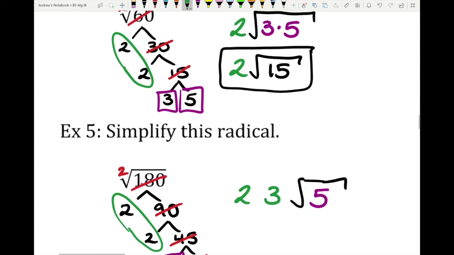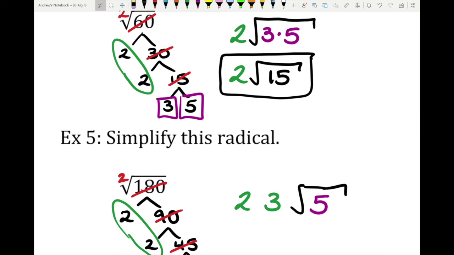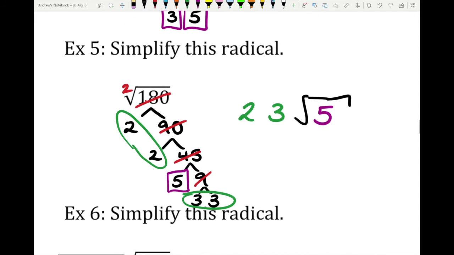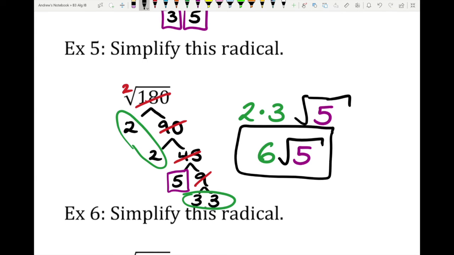Similar to the last one, where we had a 3 and a 5 left over that we put inside. This one we've got a 2 and a 3 that we took out. That's not 23. Don't leave it as 23. These are factors; we were multiplying with these. So this is actually 2 times 3, which gives me 6 square roots of 5. This is where we want to get to for our final answers.